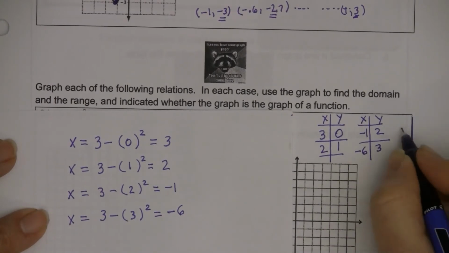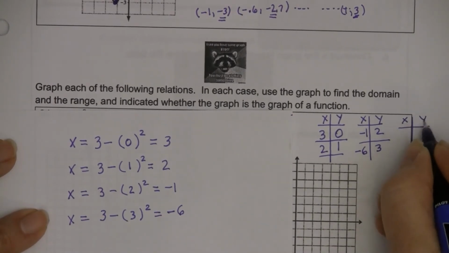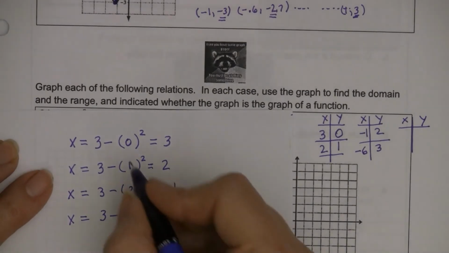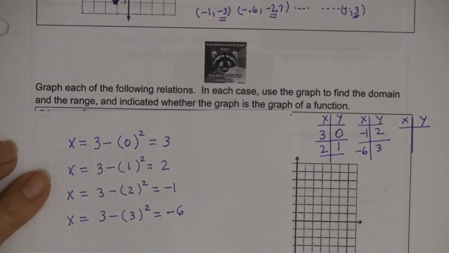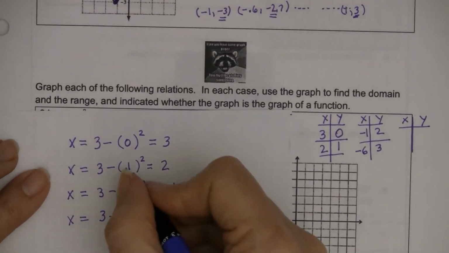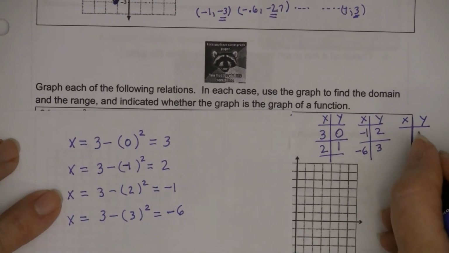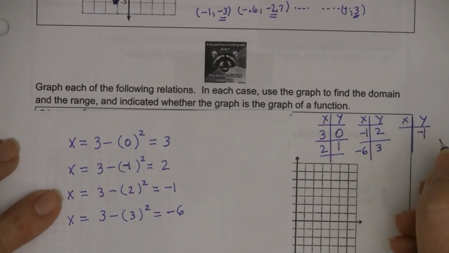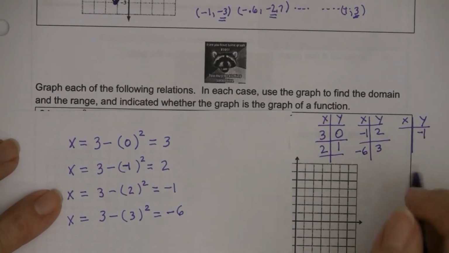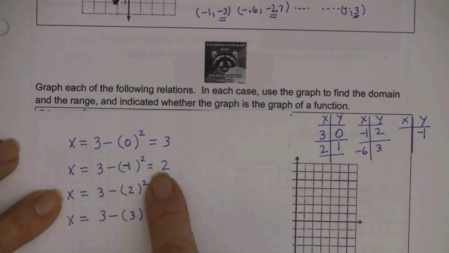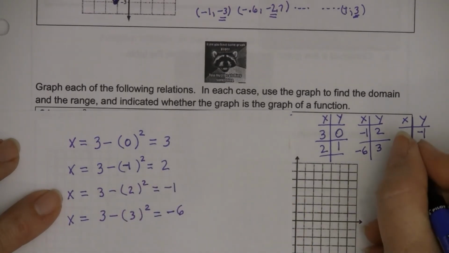In the same way that on our last one, negative 0 is the same as 0. But negative 1, you have to admit, when you square it, you get the same as you got with 1. So I'm going to put in negative 1 for the y value. And when I do that arithmetic, I still get 2 for x.